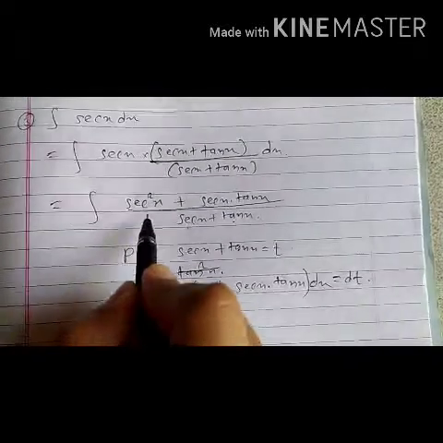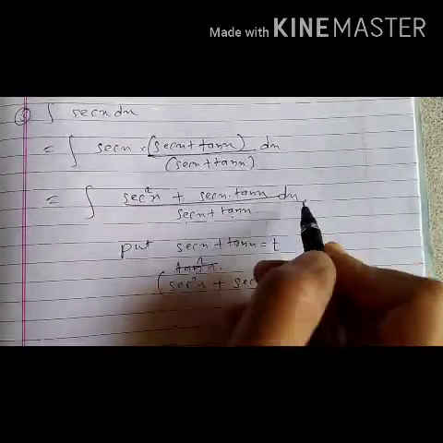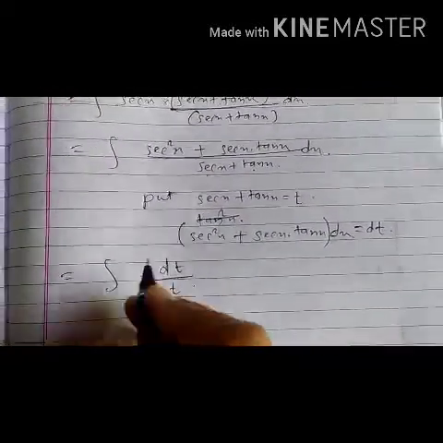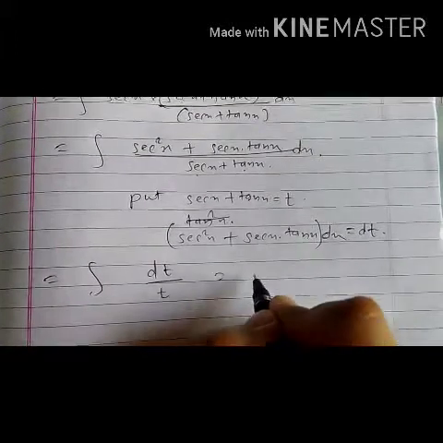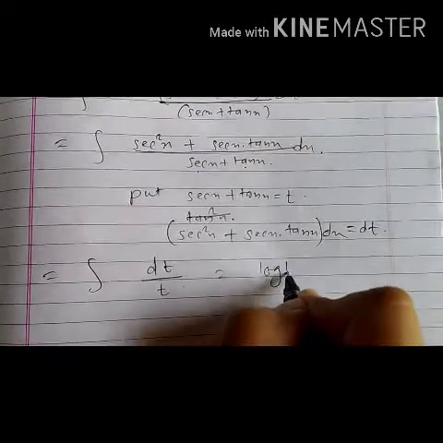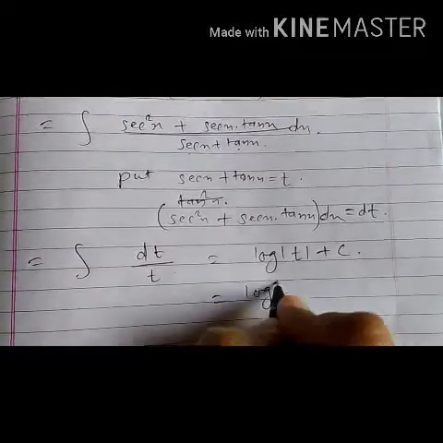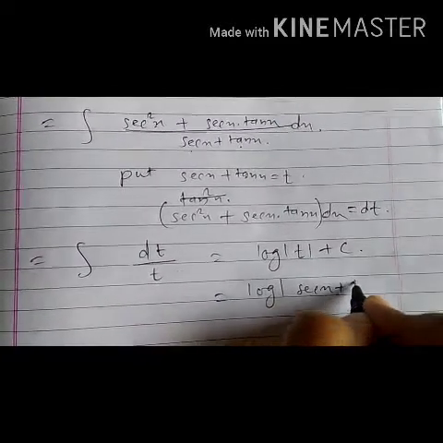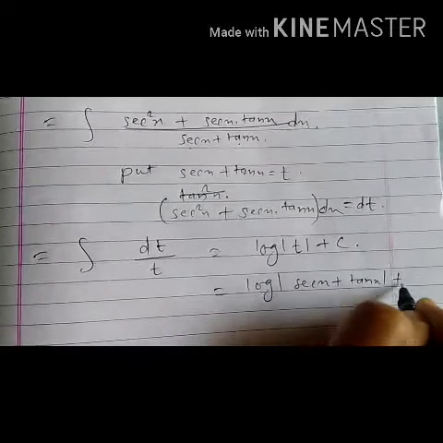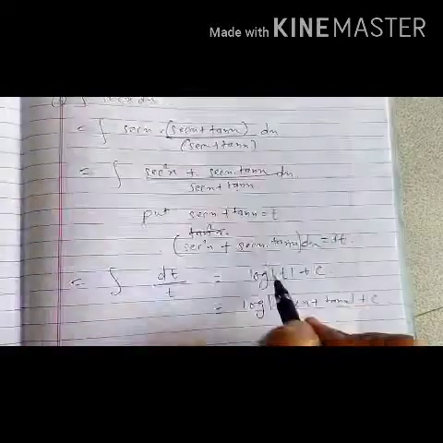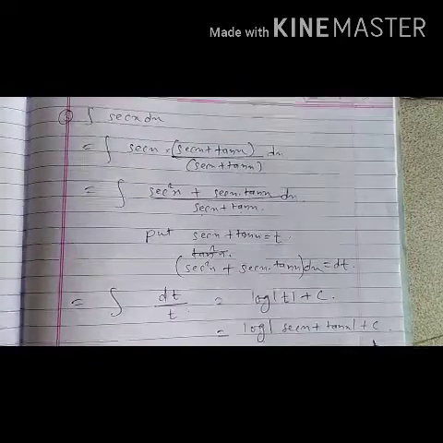So we have integration of dt upon t. So it will be again log of mod of t plus constant of integration. So it will be log of mod of sec x plus tan x plus constant of integration. Understood? So integration of sec x is log of mod of sec x plus tan x.